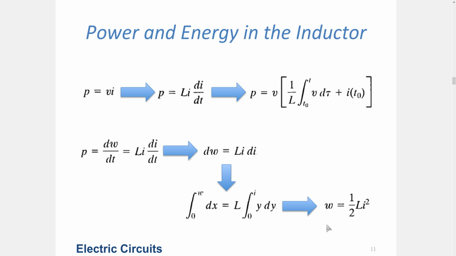Now, this shows that the inductor stores energy when it has a non-zero current flowing. As you can see, this is interesting. So when we have some non-zero current flowing through an inductor, energy is stored. And that energy is stored in the magnetic field surrounding the inductor.